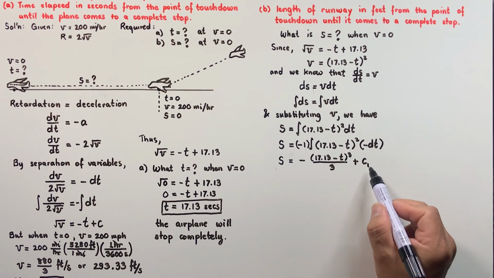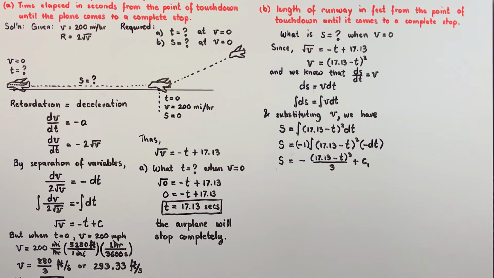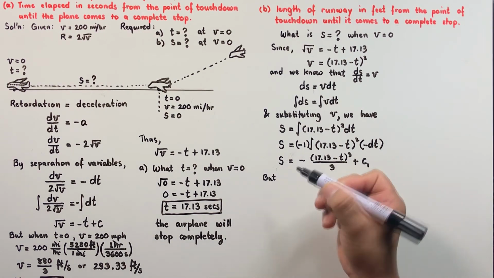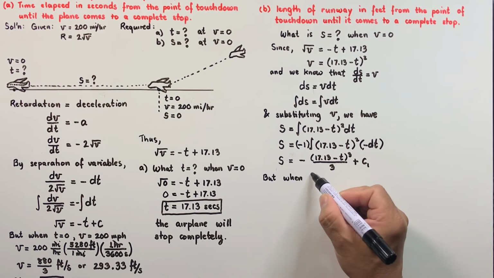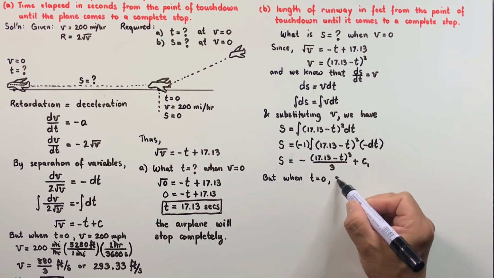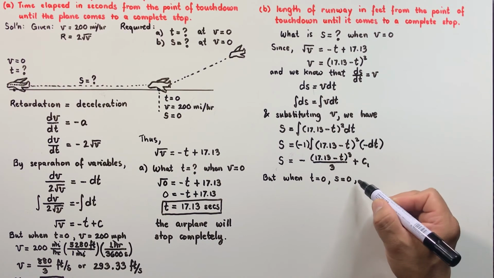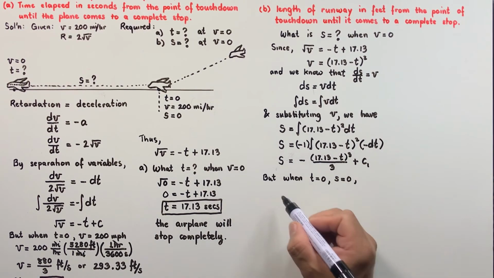However, we can solve for this constant of integration using a boundary condition from the problem, that when at the point of touchdown, so t is 0, there is no distance traveled in the runway because it is just the point of touchdown.